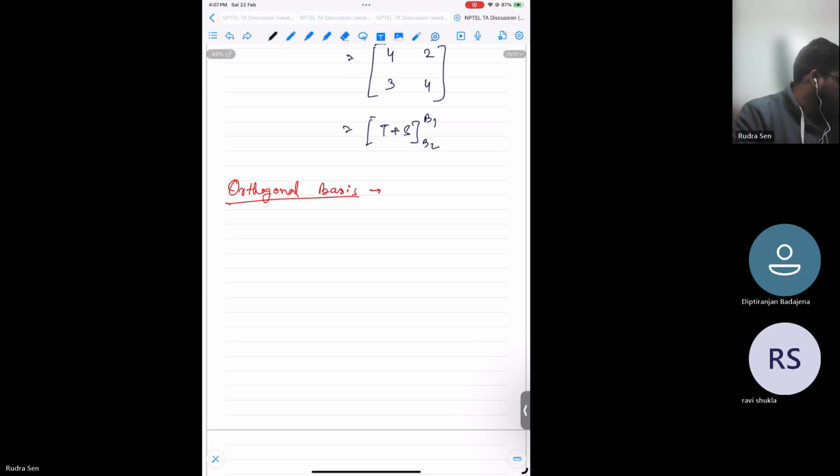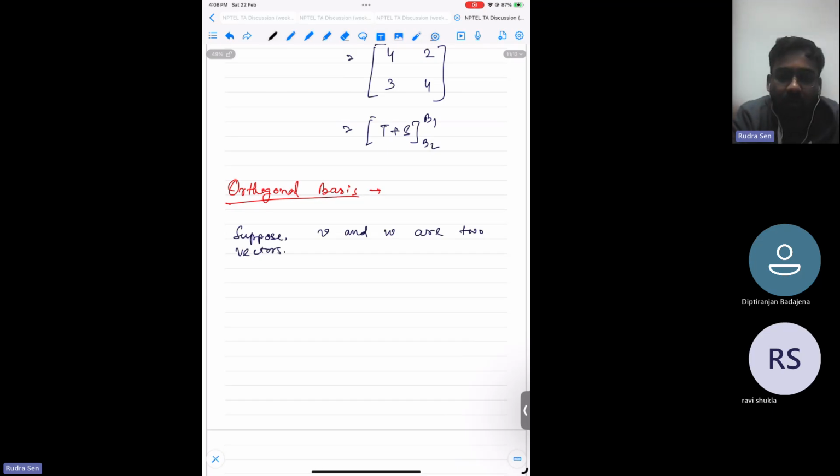So when we say two vectors, let's say you are given V and W, there are some elements in those vectors. Now, are they orthogonal or not?